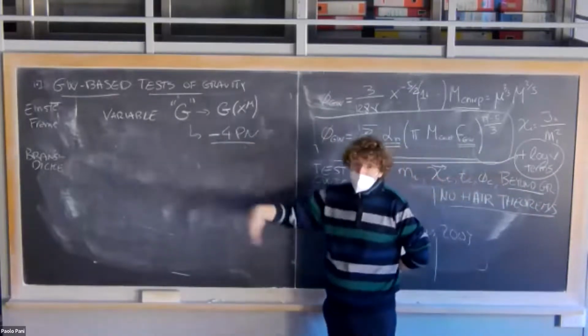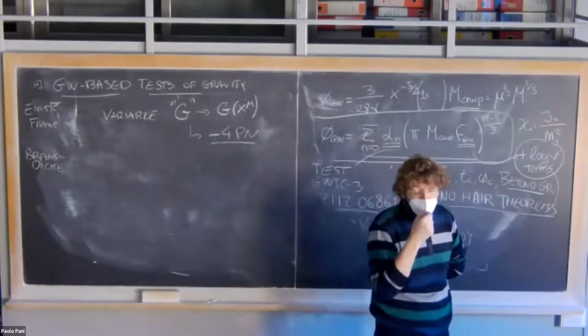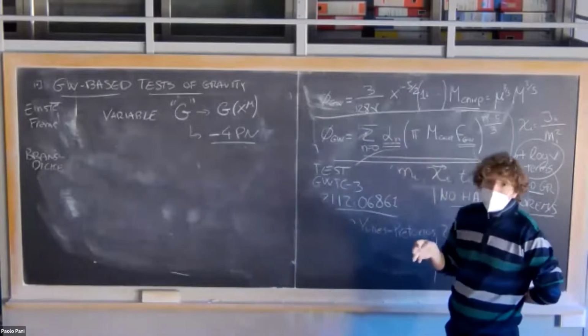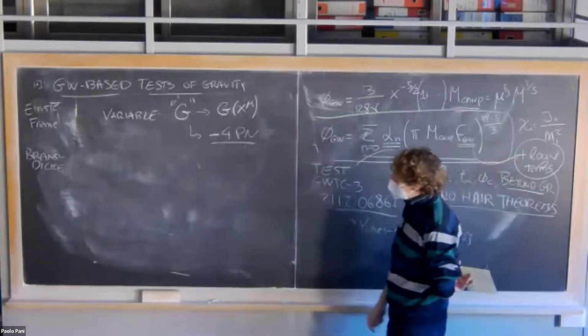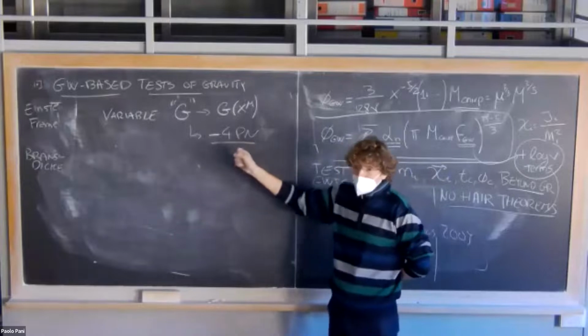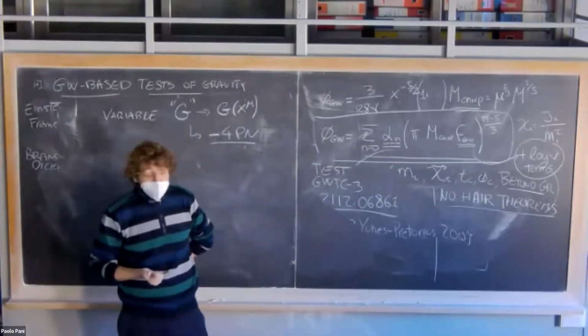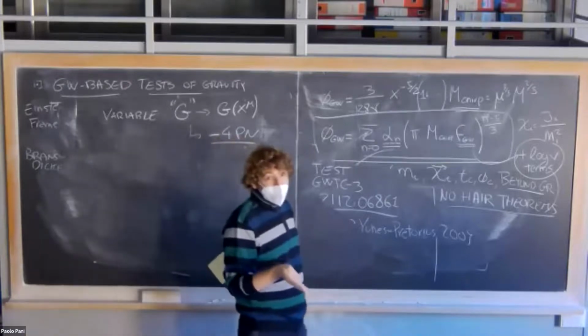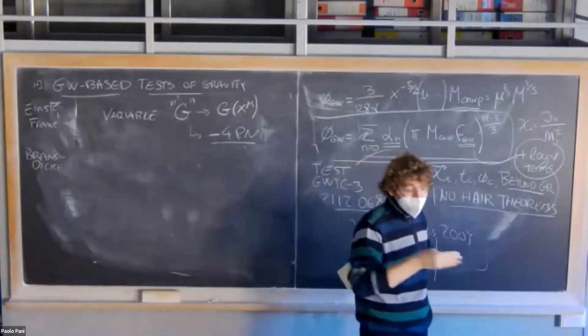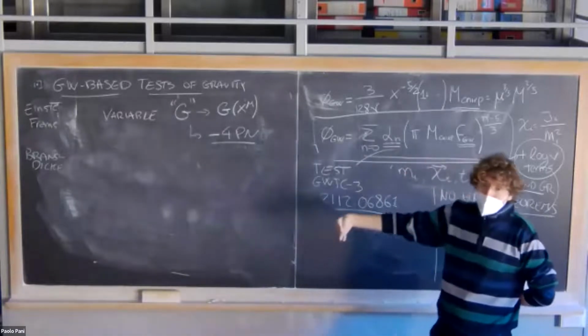because -4 Pani corrections contribute mostly when the orbital velocity is very small. Of course, this is just the leading order, because, for example, the scalar tensor theory I mentioned before and other theories start modifying GR at -1 Pani term, but then they modify the whole tower of Pani corrections.